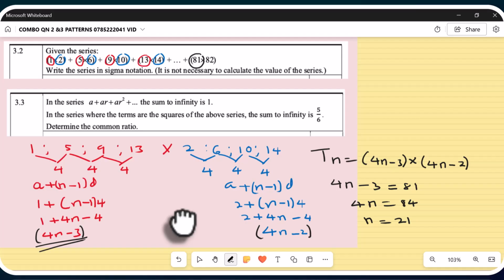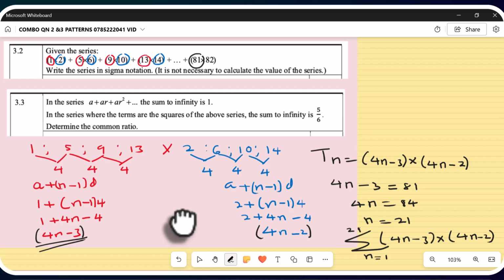We're going to get a squared divided by a squared, and so we're left with r squared. Our r squared here, that's our common ratio. But then they said the sum to infinity is 5/6. Our sum to infinity, remember, is given by a over 1 minus common ratio.